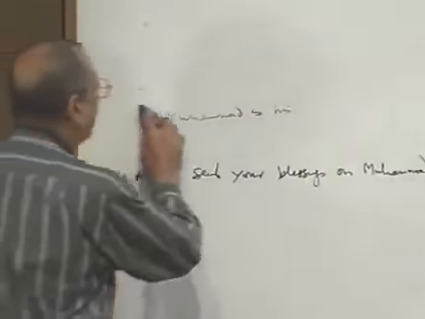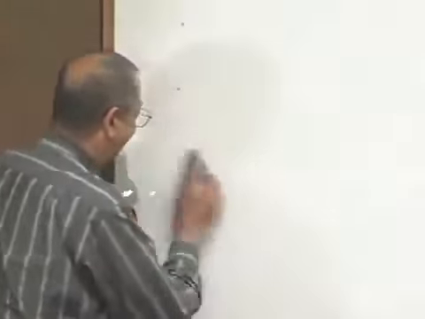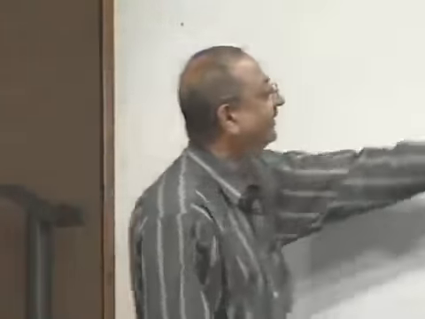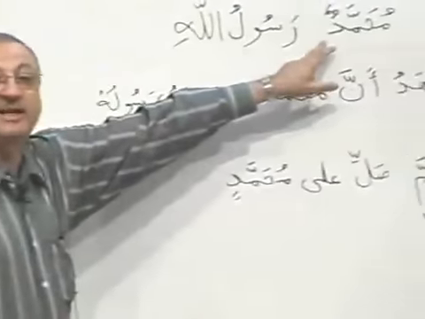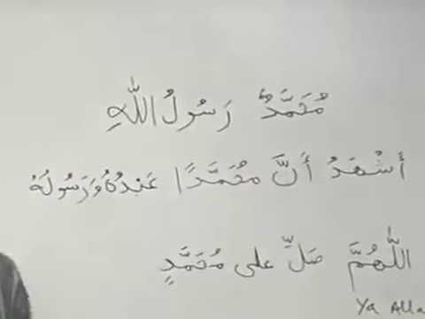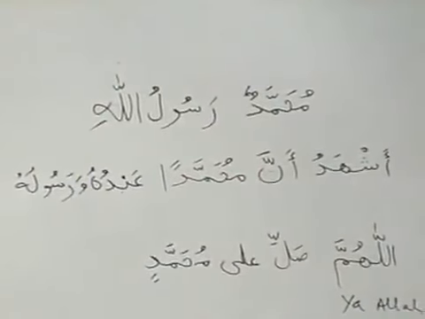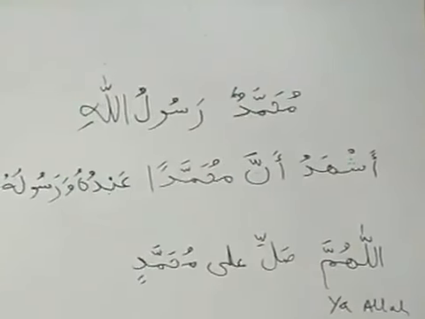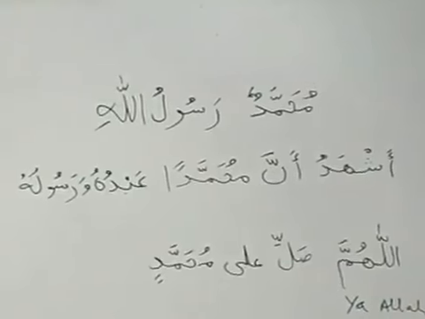And then this last vowel sign in the noun will tell you the function of that noun in a sentence. What is that noun doing in a sentence? Is it coming as a subject? Is it coming as a subject of a verb? Is it coming as an object?